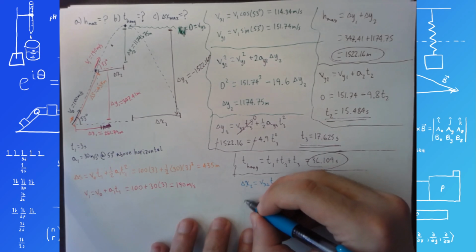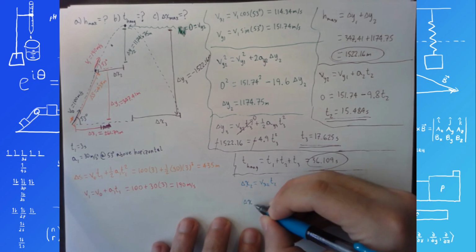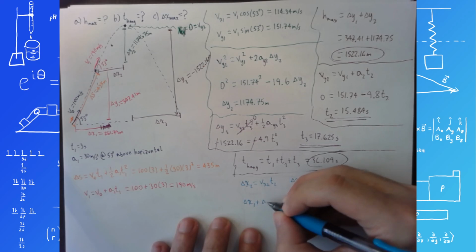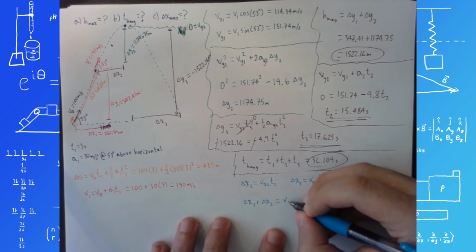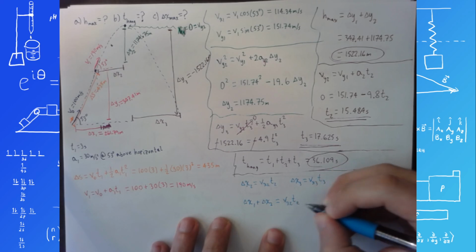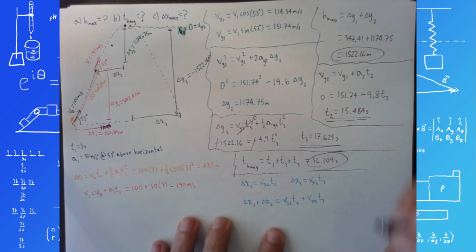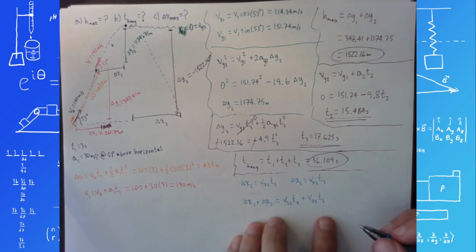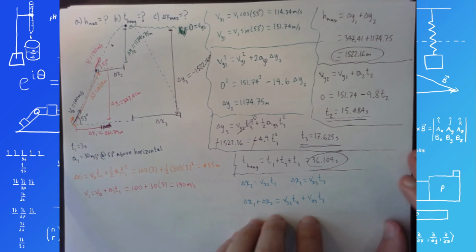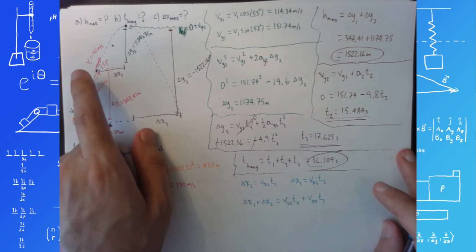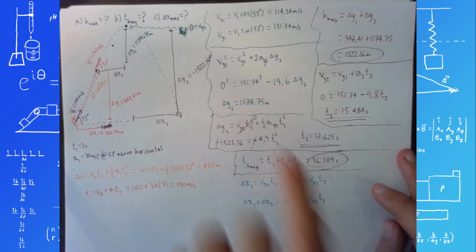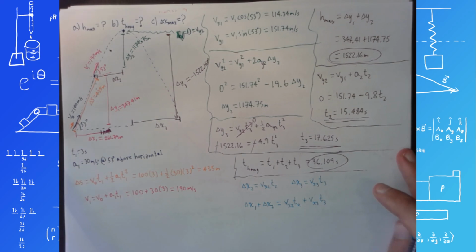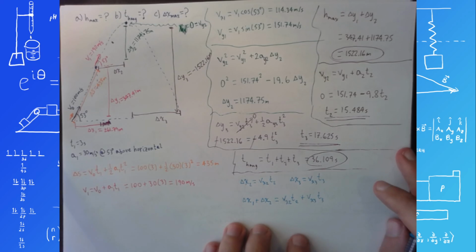And if I add those, delta x2 plus delta x3 equals Vx2 t2 plus Vx3 t3. But Vx2 and Vx3 are the same. There is no change in the horizontal velocity after the rocket engine is cut off. From that point onward, assuming no air resistance, there should be nothing causing a change in the horizontal velocity.